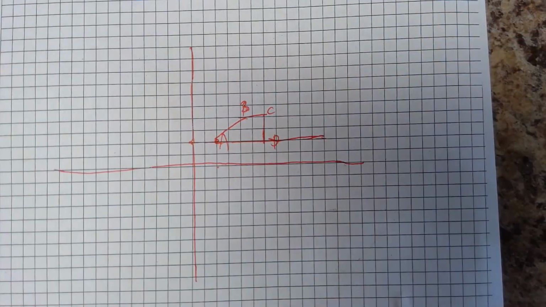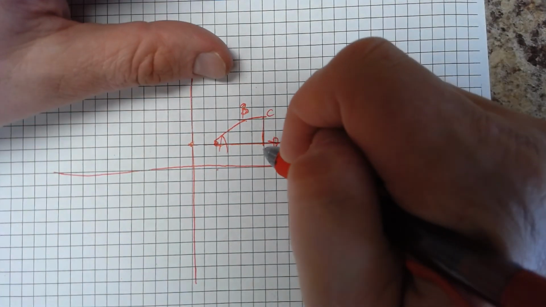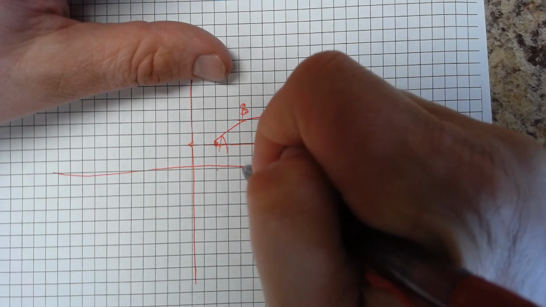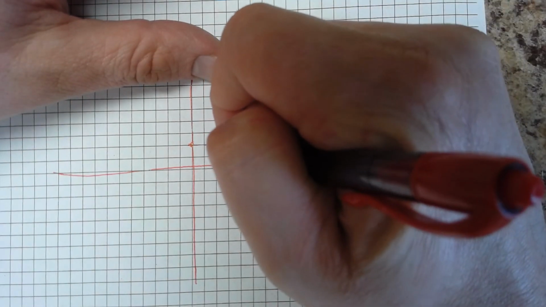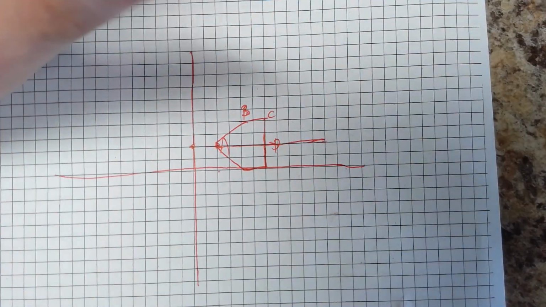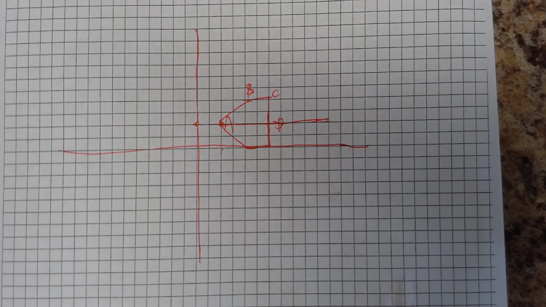Okay. And flip it over. 2 squares here, 2 squares here. Done. There's a reflection over the line through 2 on the y-axis.